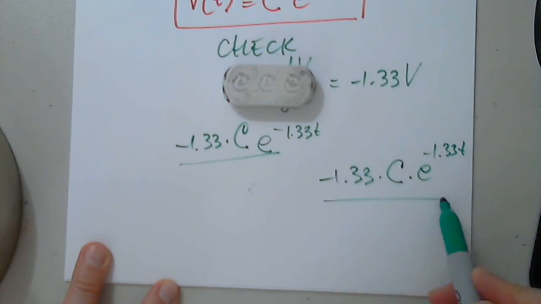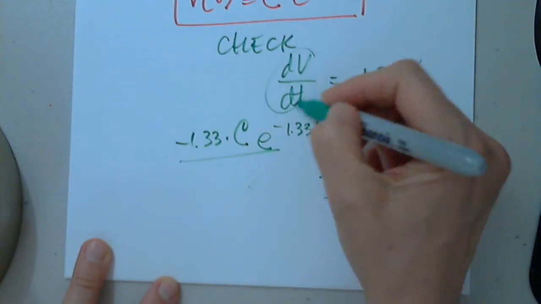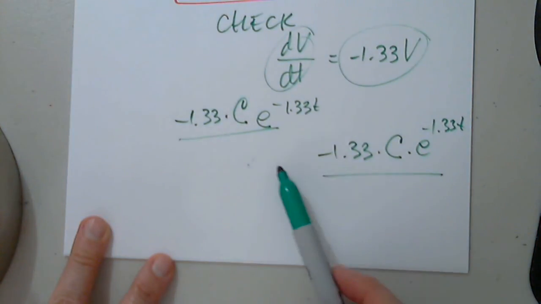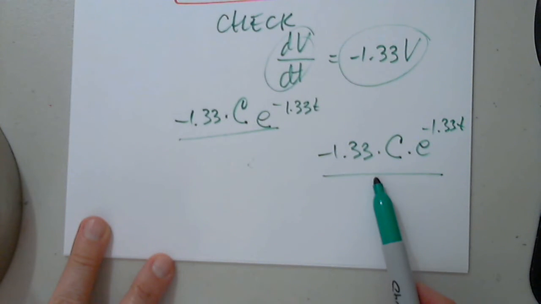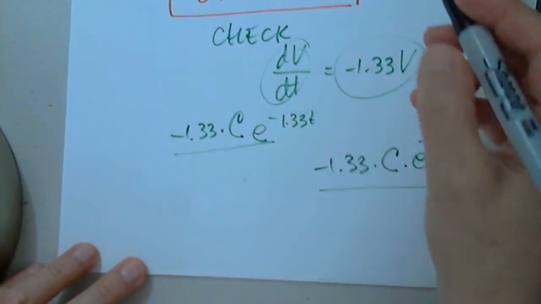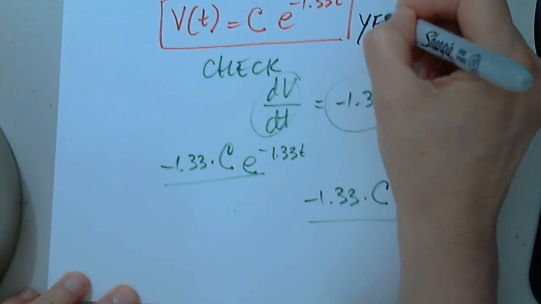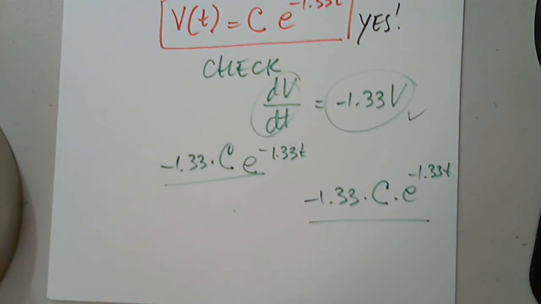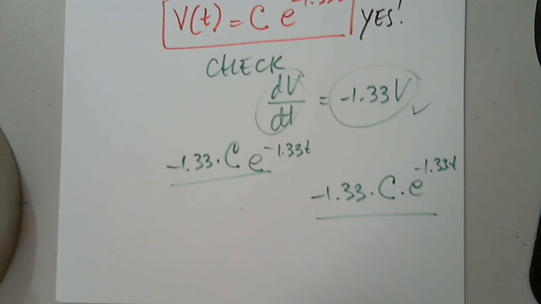Are these two the same? Is this the same thing as this? Yes. That's it. So then I checked. This is indeed correct. It is the solution, or a solution, of the differential equation that we started with.